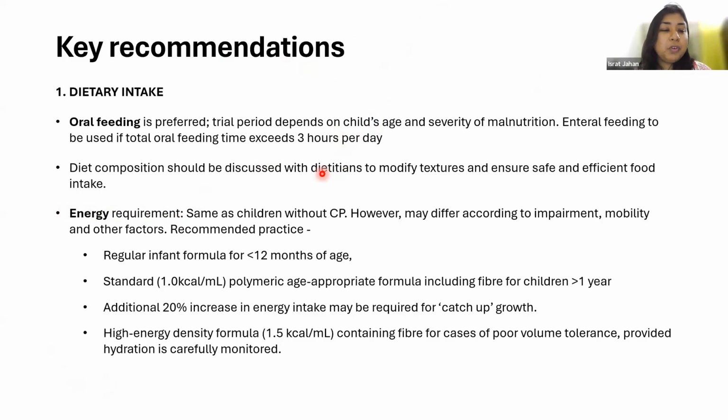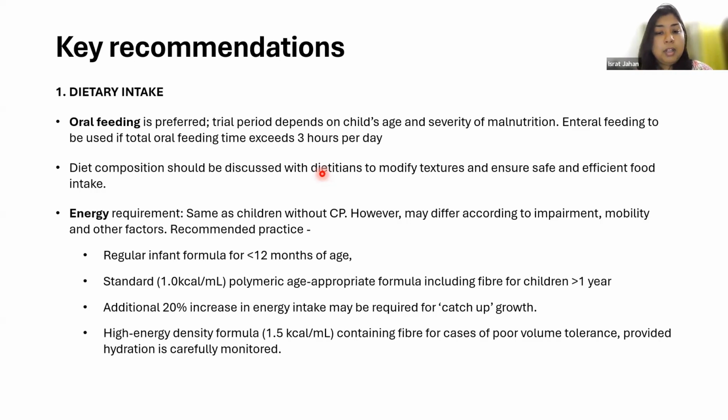oral feeding is preferred, of course. But when talking about dietary composition, as Mercedes was saying, the body composition of children with CP varies and the requirements would vary. Therefore, they recommend that the dietary composition should be discussed with the dietitian before initiating.